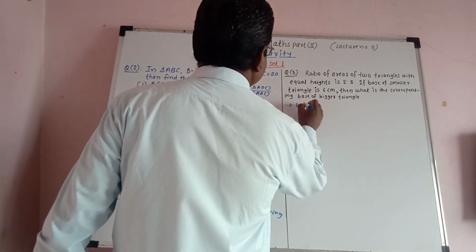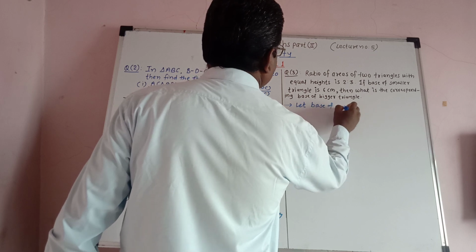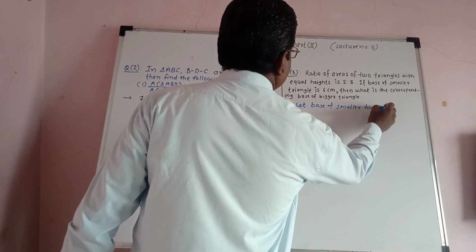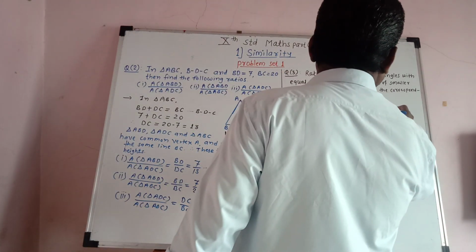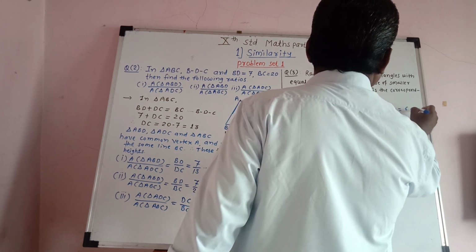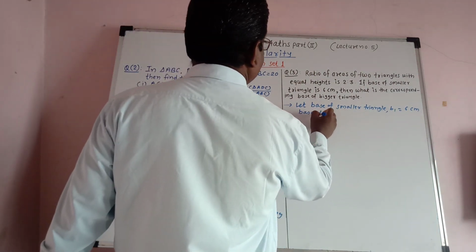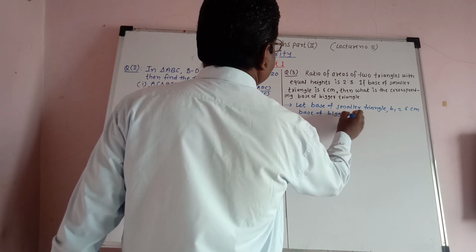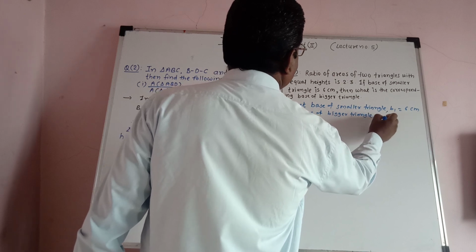Now let base of smaller triangle B1 is equal to 6 cm, given. Base of bigger triangle is equal to B2.